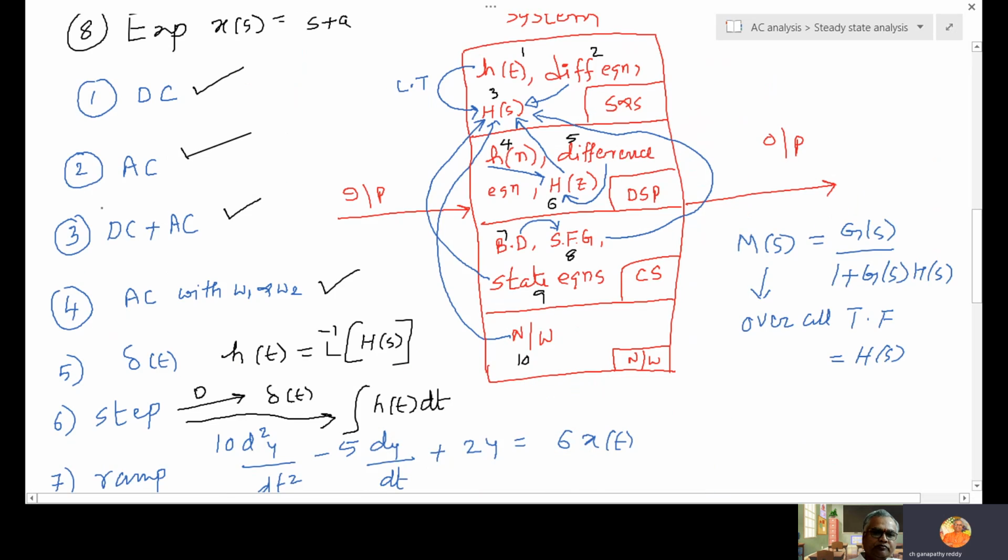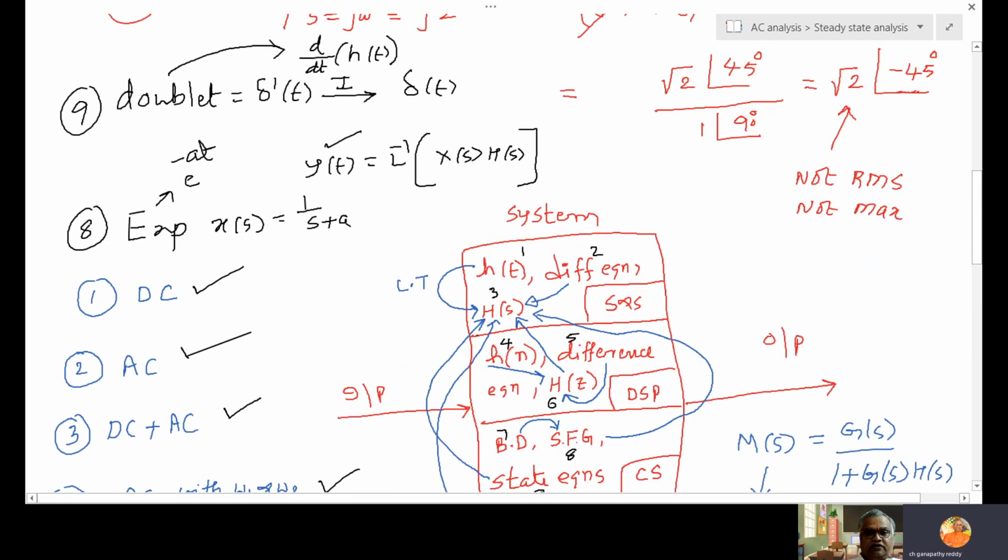So how many types of inputs have we taken? 9. How many systems? 10. So what is the output? 9 into 10 equal to 90 models. 90 models solved. Not 90 problems, 90 models.